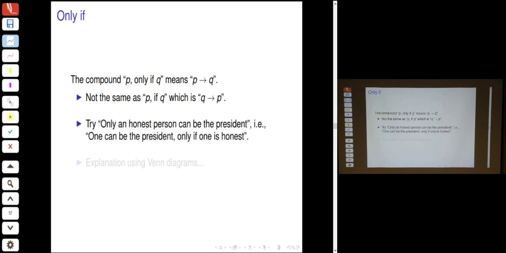So the example is this. So let's try. Right? So only an honest person can be a president. Or you can say one can be president only if one is honest. So president is P. Honest is Q. Okay, one is honest is Q. So this sentence, does it say P arrow Q or Q arrow P?